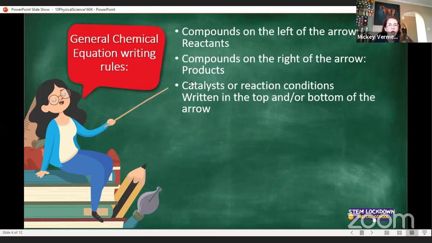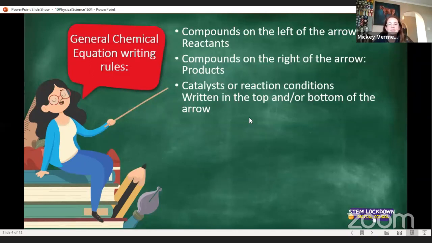Now, when we have a catalyst, I'll get to a catalyst, or any reaction conditions that we have to think about, we write those on the top and on the bottom of the arrow. This is still part of physical and chemical change.